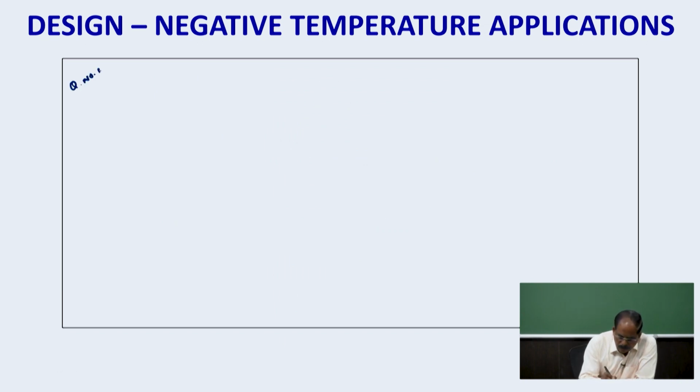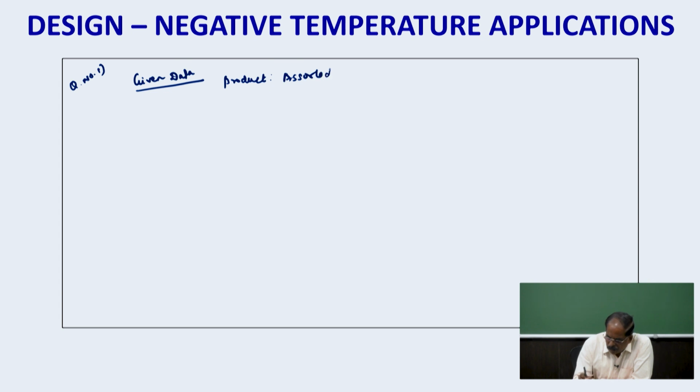Question number 1, because there are 2 designs in this lecture. Given data. Product is assorted fish. Type of freezer is blast freezer.